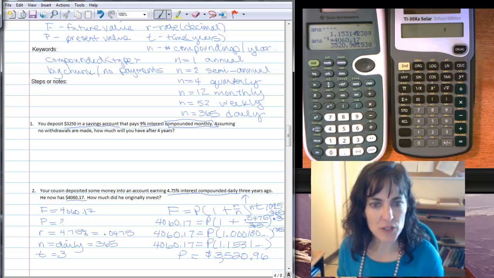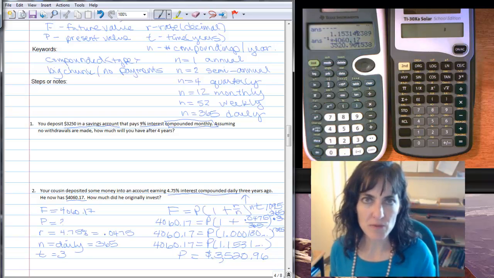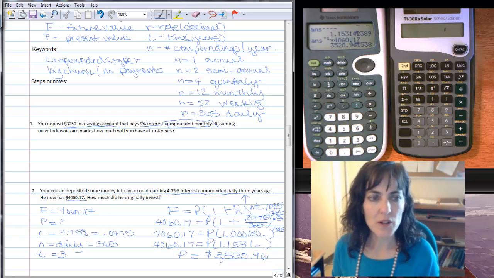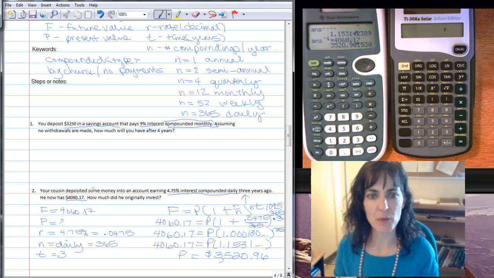So that's how much this cousin deposited initially. And we could take the $3,520.96 and plug it into the formula as your principal, your starting value, and see what we get for F to double check yourself. That's just fine to do it that way if you want to.